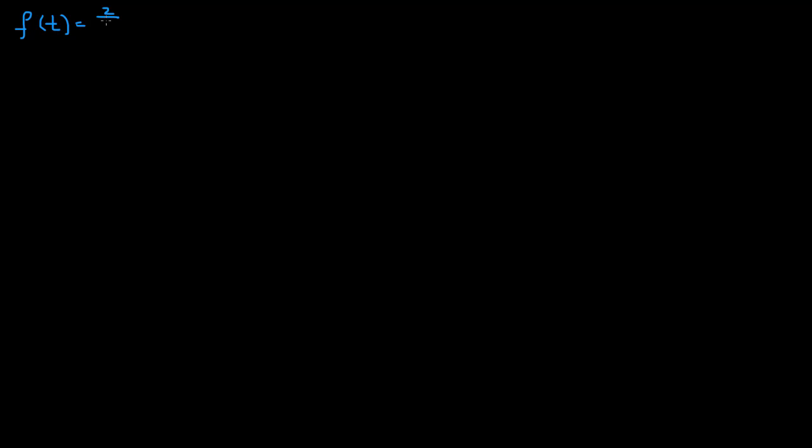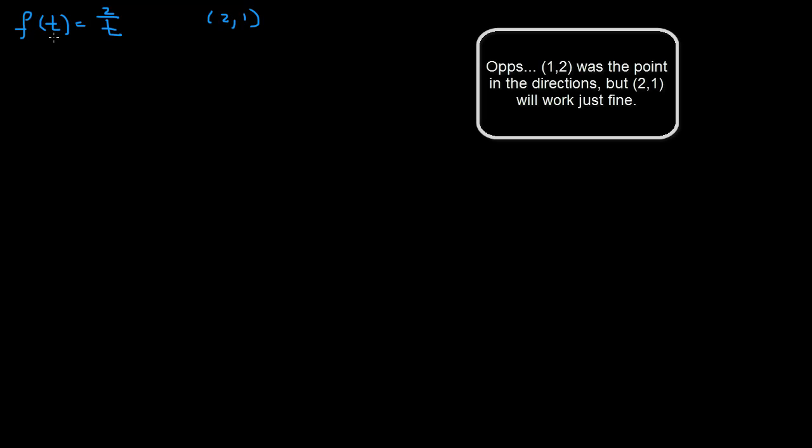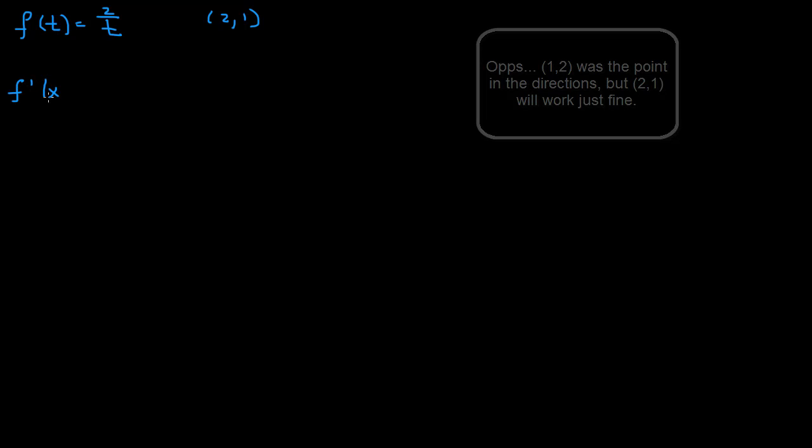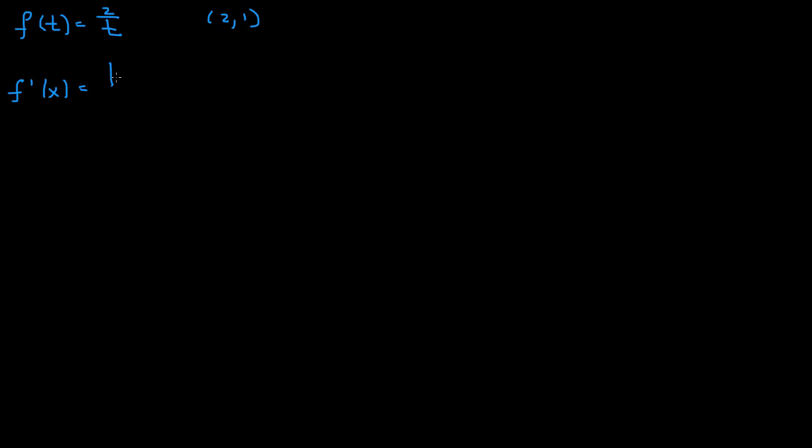I guess we have f of t equals 2 over t, and we were interested in the equation of the tangent line at the point 1, 2. Okay, so let's see here. We can say that f prime of x equals the limit as delta x approaches 0. Remember, I'm using my regular limit definition here.